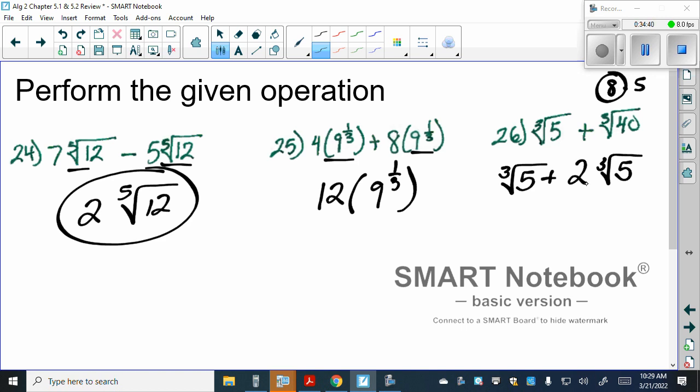So the cube root of 5 plus 2 times the cube root of 5 is 3 times the cube root of 5. And whenever we're doing these, we're just trying to see, can I rewrite it so that the radicals are the same? Any questions on this here?